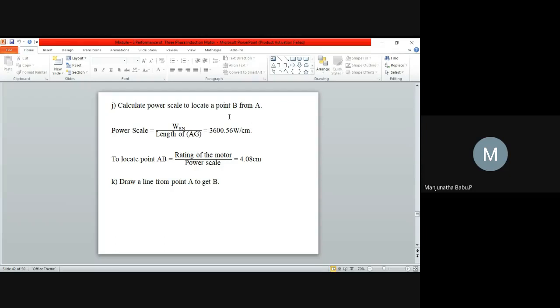Check how much you get; around 4.08. I have taken 1 HP as 735.5. If you take 746 you will get slightly more, but it will not exceed 4.2.